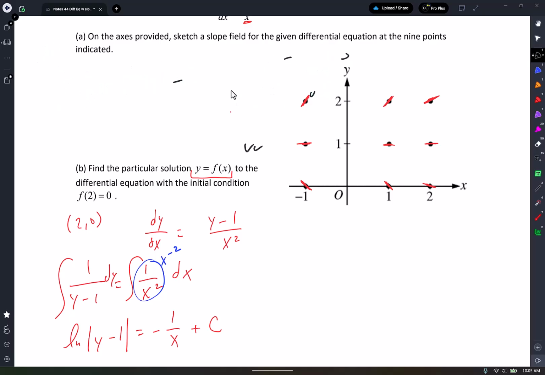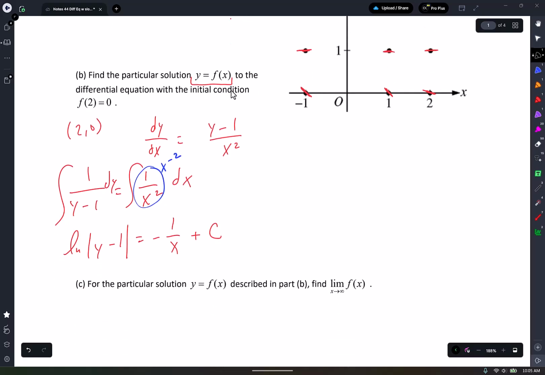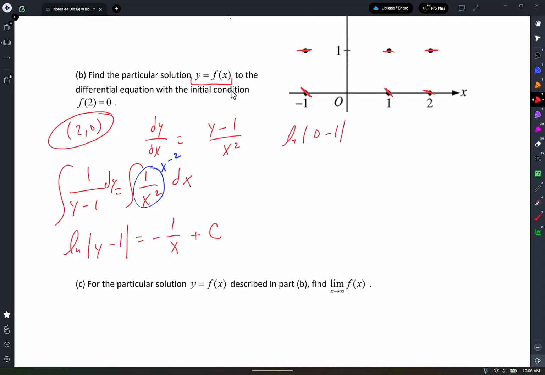Okay, let's see where we're at. I have the habit, and this is just me, everyone's different, of finding my c immediately, so I plug it in immediately. So ln absolute value 0 minus 1 equals negative 1/2 plus c.